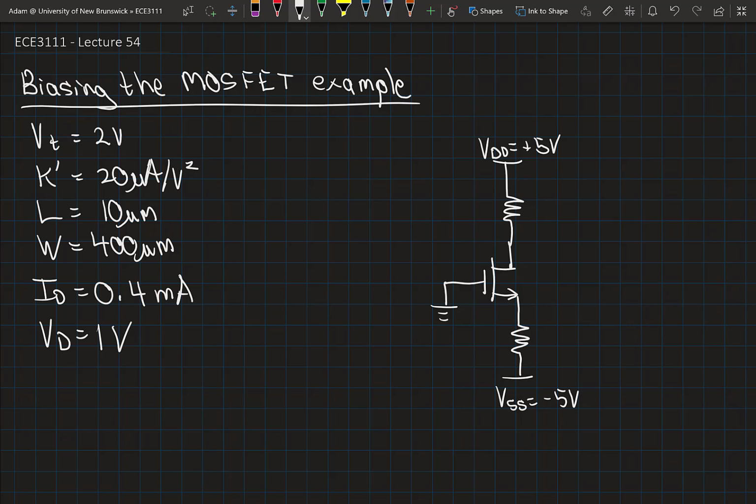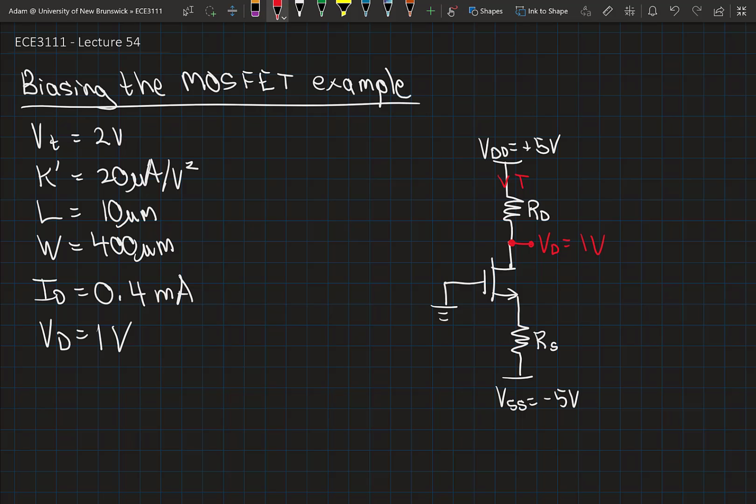You might recognize the naming convention used on these positive and negative supplies, common for MOSFET or FET based circuits. I've got a resistor connecting the drain to the positive supply and a resistor connecting the source to the negative supply. Okay, so I want my drain voltage here to be 1 volt.